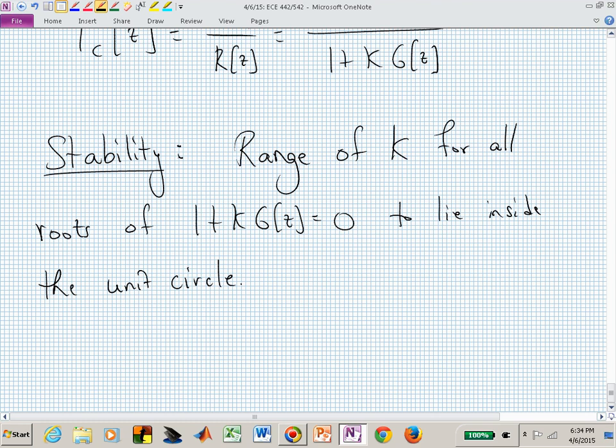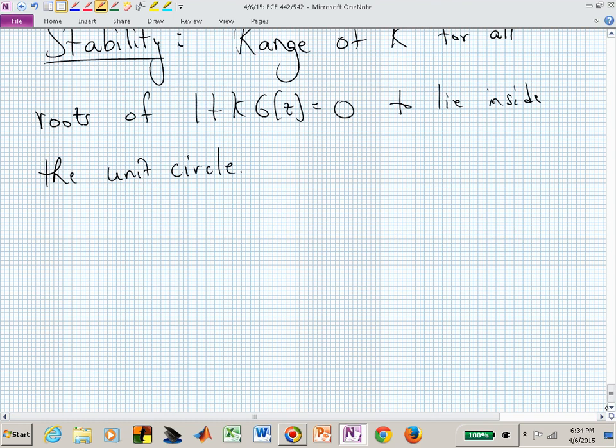So let's now look at what we have, and all of this is influenced by that expression. Everything that we do now, as we're adjusting k, is determined by 1 plus k g of z equal to 0. That's the denominator of our closed loop transfer function, and that's what governs the stability behavior of our system.